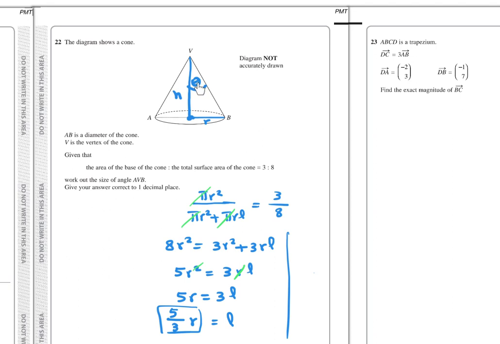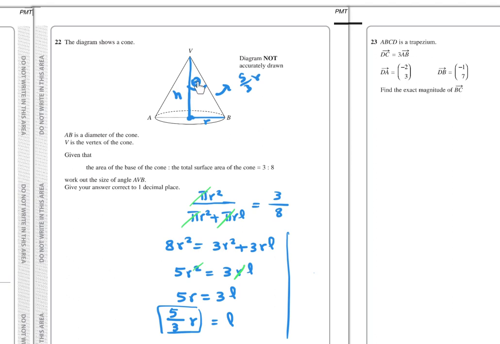So if we can find angle theta, then we can find angle AVB. So to find angle theta, we need the ratio between r and h, or r and the slant height l. We have l now is 5 over 3 r.